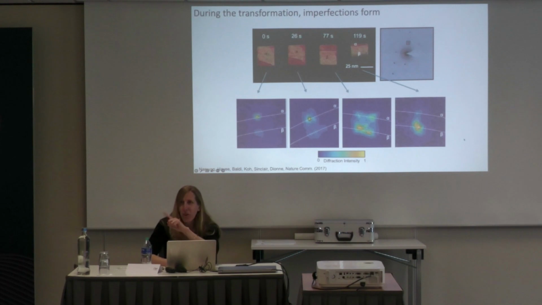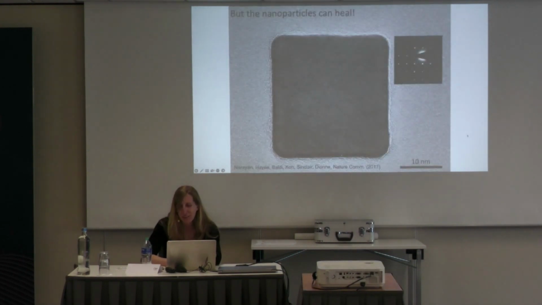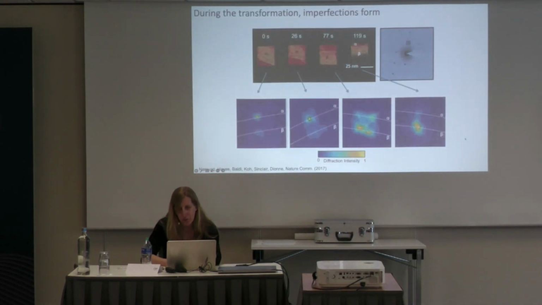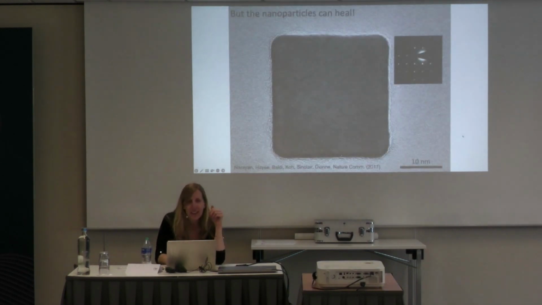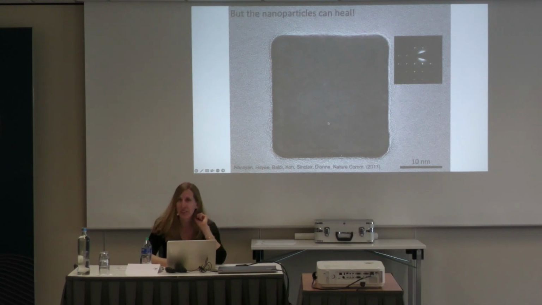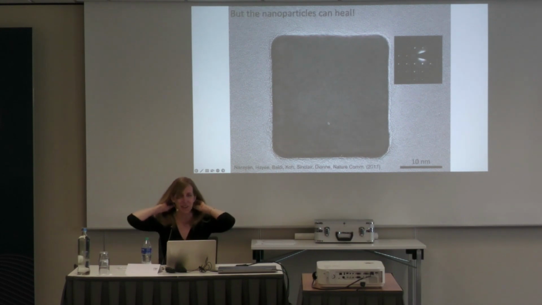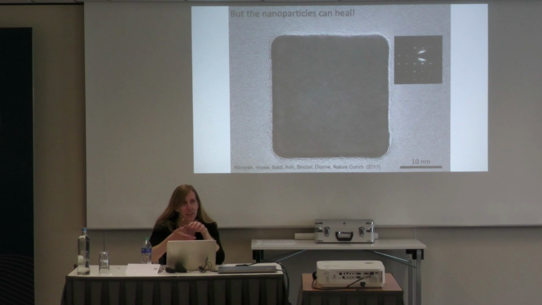But then the cool thing, I'll get to your question in just a second, is you can see here at the end of the transformation, the full width half max is getting sharper again. At the end, the nanoparticle, and you can't really see it so well on the screen, is again a perfect crystal. I think it's neat how when you're working with nanoparticles below a certain size regime, the defects can be pushed out, so the system can almost self-anneal.